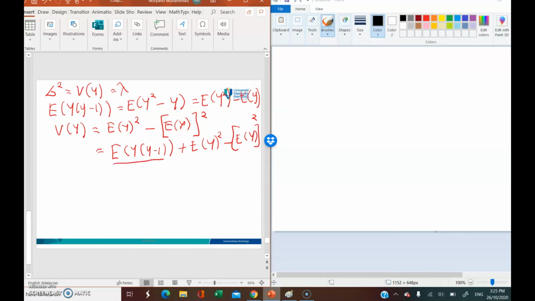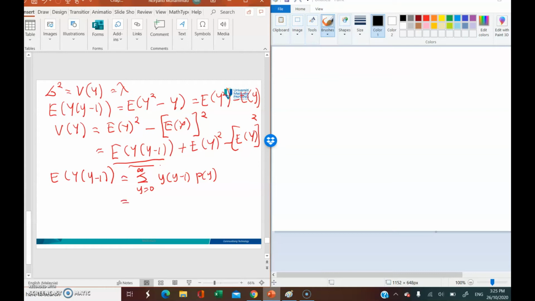So now we do this one first. Here it will be E[y(y minus 1)]. Here you will have summation y from 0 until infinity. Instead of y p(y), you will have y(y minus 1) p(y). p(y) is the PDF.